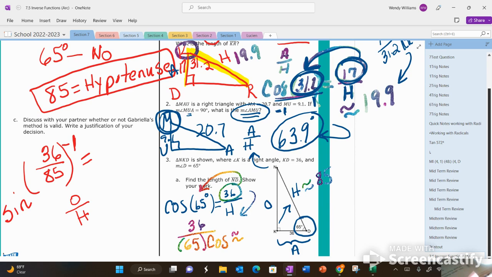Make sure I didn't make any mistakes because I don't got you guys there to tell me. 36 divided by 65 cosine equals, don't forget the equal sign, and I get 85.1 or 85.2. So we're just going to leave it at 85. Or 85.2. Okie dokie.